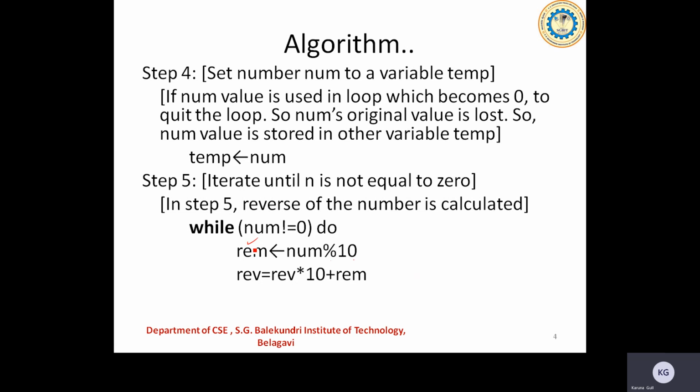Before that, you already know I have initialized reverse to 0 here. So reverse is equal to 0 multiplied by 10 plus remainder. Initially, I'm just stuffing that into reverse. Afterwards, I'll be shifting towards the left side. Next, num is equal to num divided by 10.